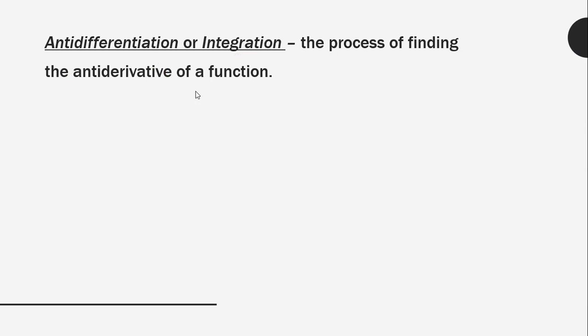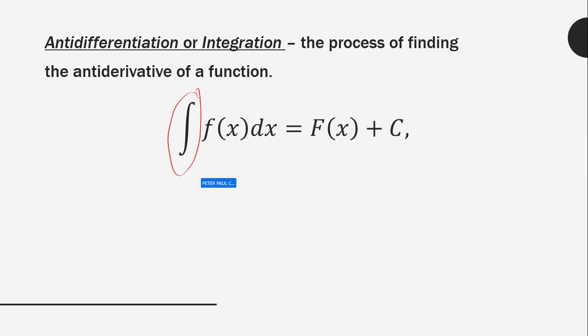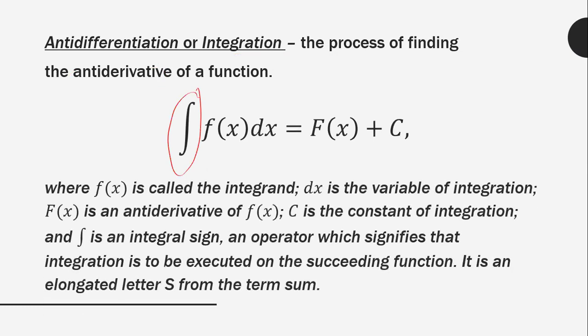In notation, we use this symbol. We have the integral symbol. That integral symbol is actually an elongated letter S, which means sum. As I've told you a while ago, when we get the sum of areas under a plane region, that is actually an integration process.